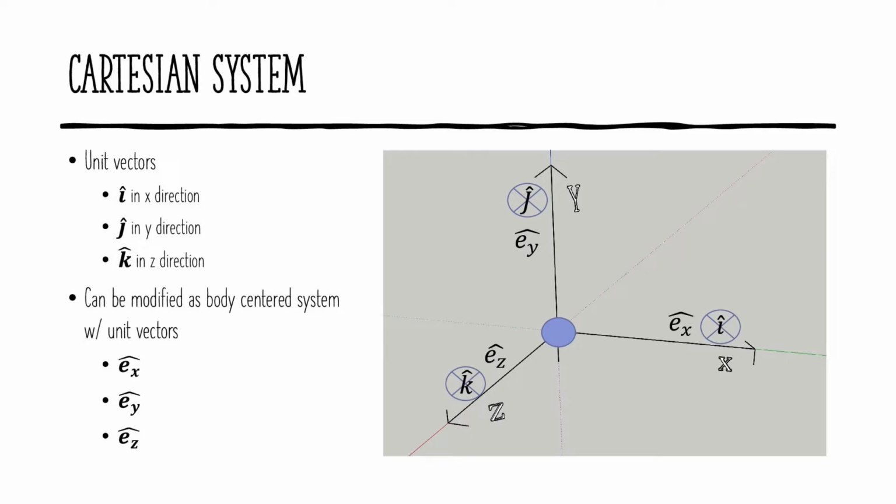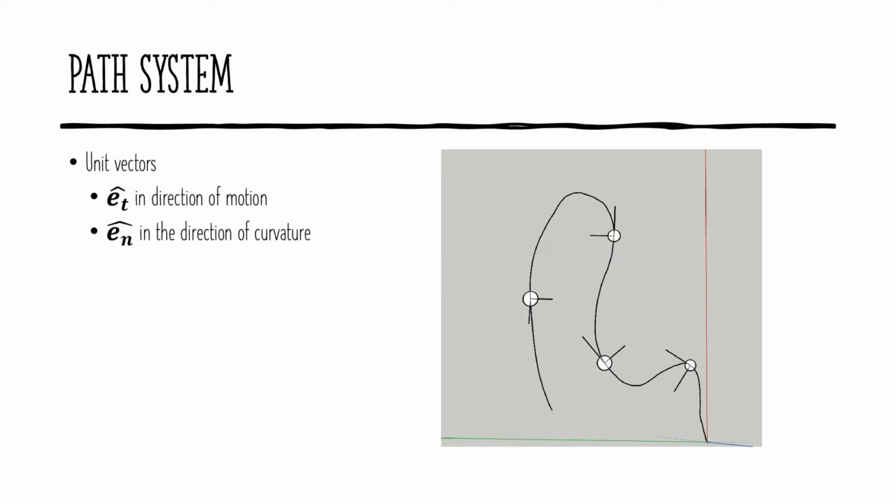The global Cartesian coordinate system and the body-centered coordinate system are both very useful and can be applied to most problems, but that does not mean that they are always the easiest system to use to describe the motion of a problem. For example, if you know the path that an object takes in space, then it might be easier to use the second coordinate system, which is the path coordinate system.